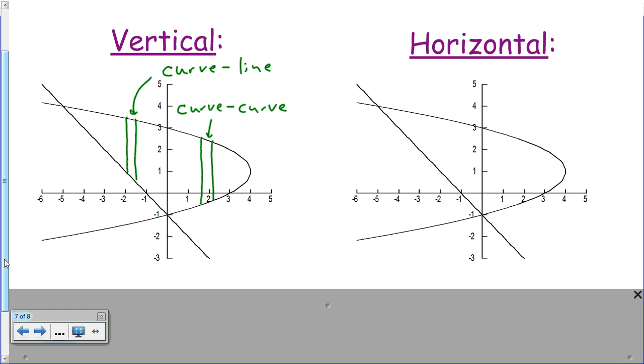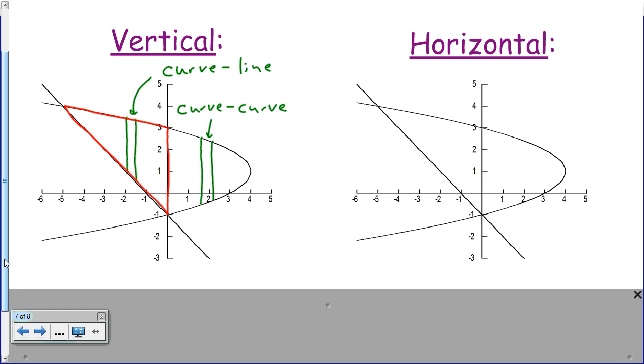So for this reason, if I wanted to use vertical strips here, I would have to actually split this up into two separate regions. I could use this technique, but it would require that I actually solve the problem in two steps. I'd have to look at this region over here on the left and calculate its area using the curve and the line for each strip, going from the curve on the top to the line on the bottom.